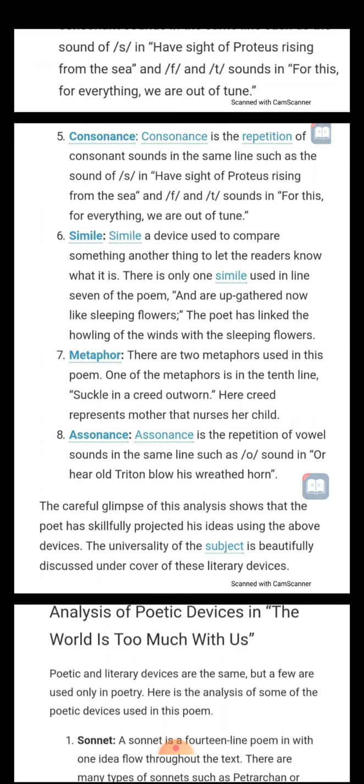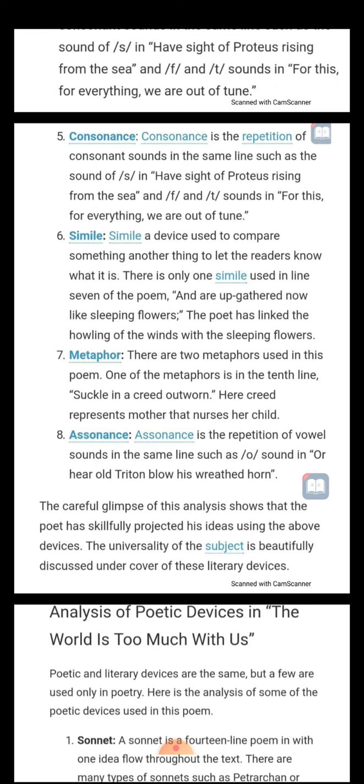Again, assonance is also used. Assonance is the repetition of the same vowel sound in the same line. As in the line, or hear old Triton blow his wreathed horn, here we see the repetition of the sound O again and again in the same line.